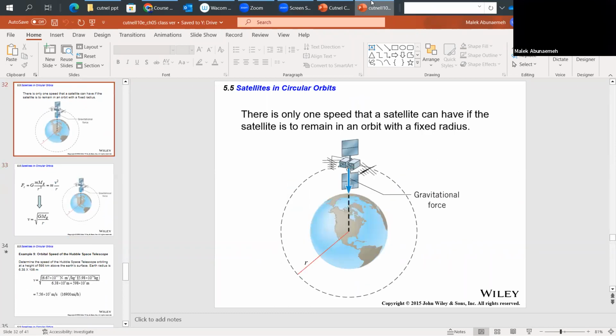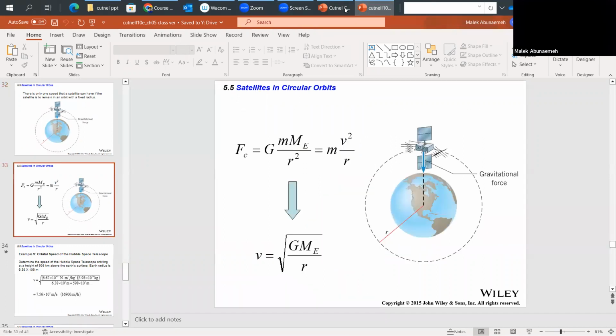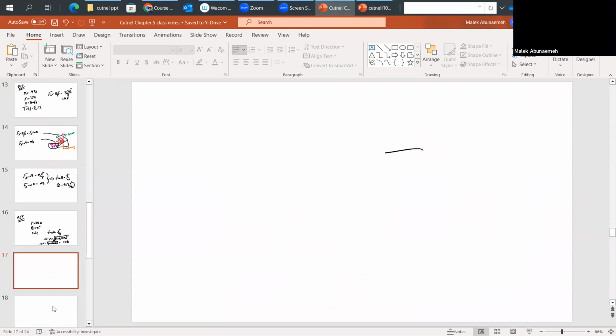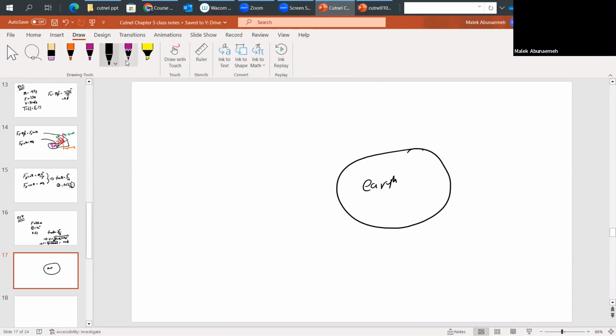Now, there's only one speed that a satellite can have if it remains in orbit around a fixed radius. If you have a satellite going around, let's say this is our Mother Earth over here, and you have an object, kind of like we had our balls. Let's say this is our satellite going in an orbit.